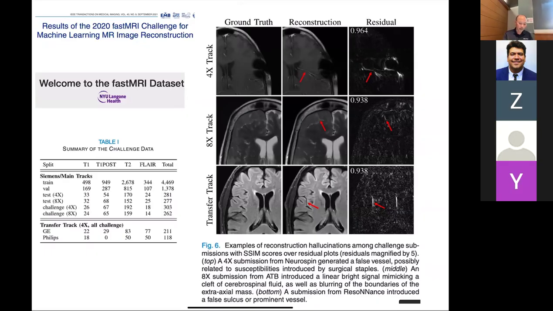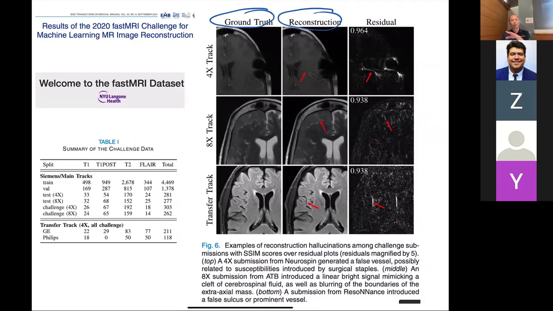So this is the ground truth. This was a paper that came out in 2020, and this is the reconstruction. These are just examples that are highlighted where essentially the deep learning put something into the image that wasn't there. Okay, so you've all heard about hallucinations. Basically it's just coming up with its best guess.